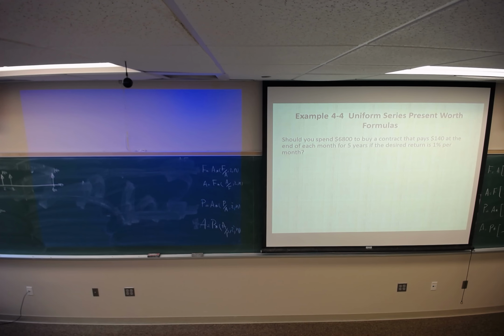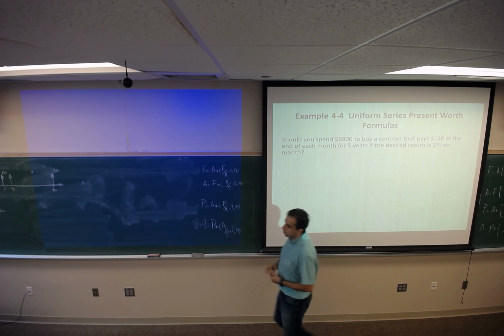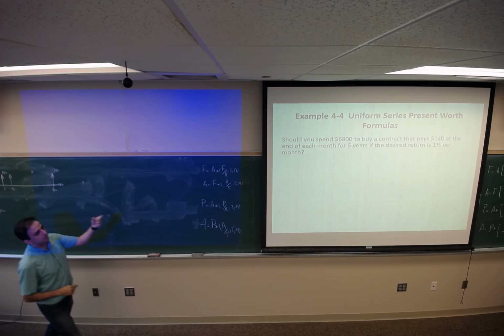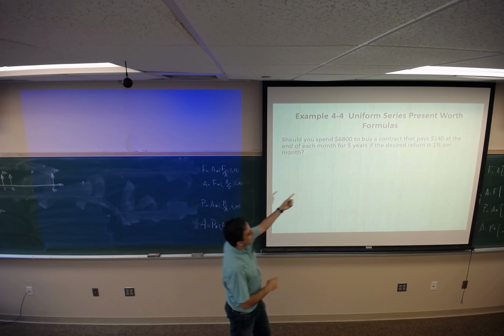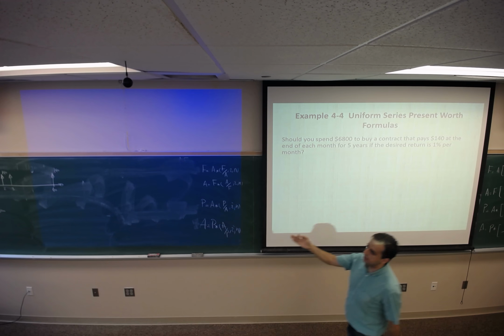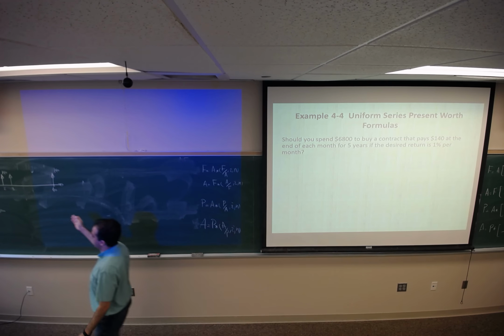Now, if you know that there is another project which can give you 1% interest per month, or we are saying that if your desired interest rate is 1% per month, the question is, are you going to reject this investment project, or are you going to accept this?